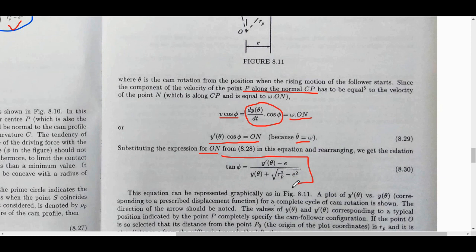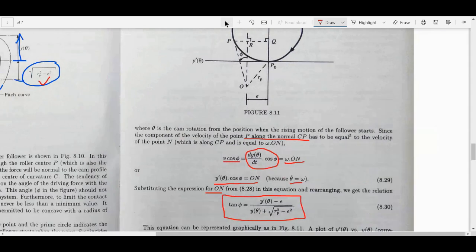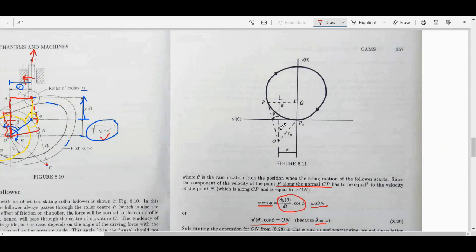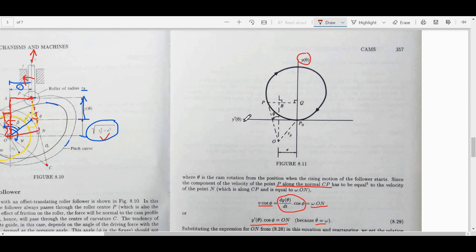And to me, again, this is a remarkable formula, because it can be expressed in this picture. Let me make it a bit smaller so that we see both. So you see, you have a desired y, which is a function of theta, and you also have dy/d theta, which is plotted in this direction, as it happens.